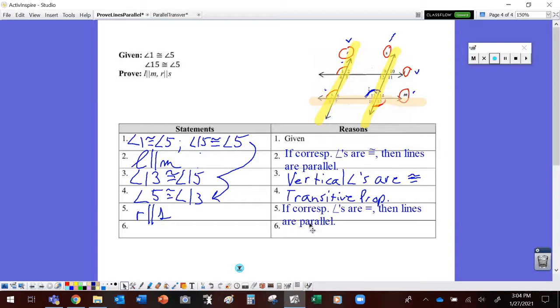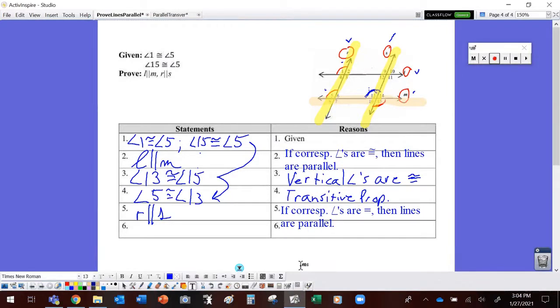Don't forget to make that equal sign into a congruent symbol. And there we go. We've proved that L is parallel to M, and that line R is parallel to line S. To prove what we set out to prove, we are finished.